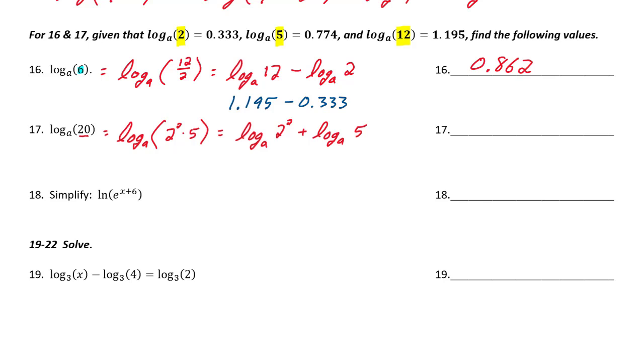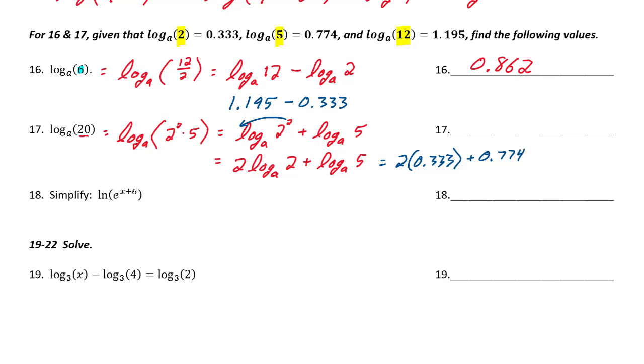Now that power that I ended up having on the 2, I could actually move out front and make a coefficient, so this also can be rewritten as 2 times log base A of 2 added with a log base A of 5, which both of those values were provided for me, so this is really just going to be 2 times the 0.333, and then added with the log base A of 5, which was a 0.774.